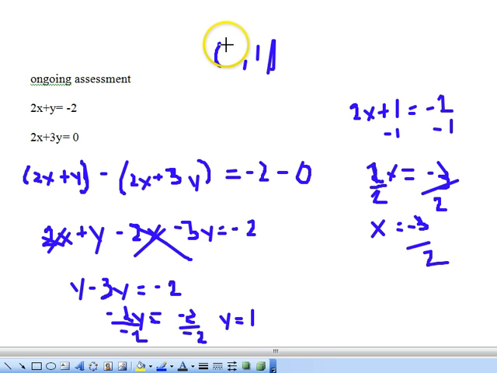Then you come up here to your solution and put in your x value. Okay, so the solution to this system of equations is (negative 3/2, 1).